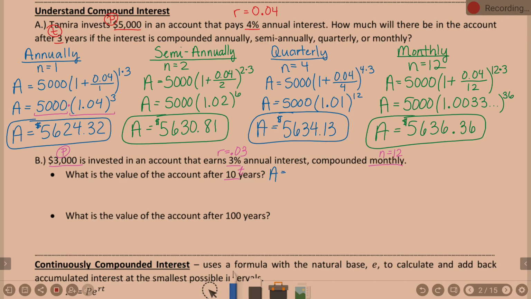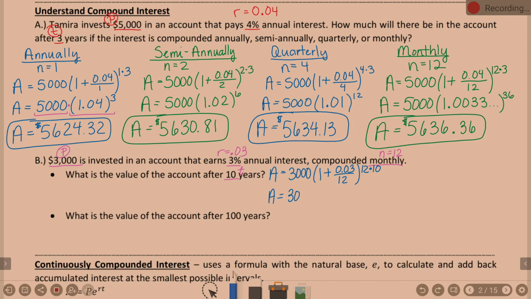So A equals P, which is 3,000, times 1 plus R divided by N, so 0.03 divided by 12, raised to the NT, raised to the 12 times 10. That's a big number, isn't it? I was thinking the same thing.